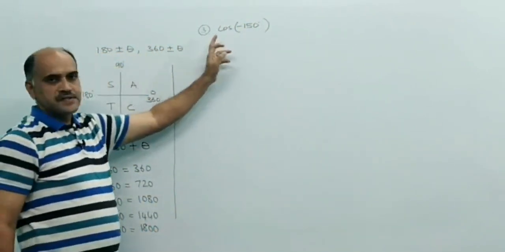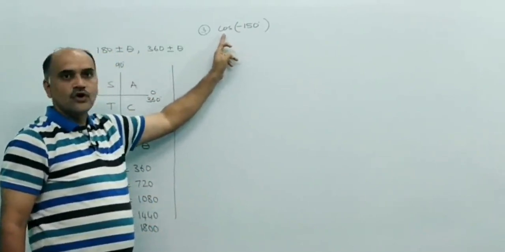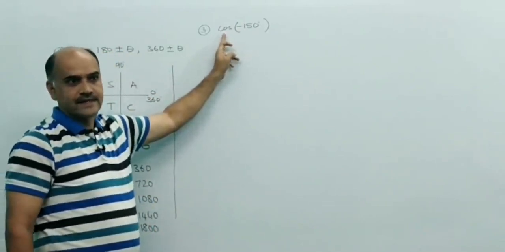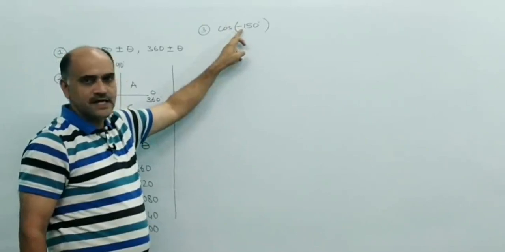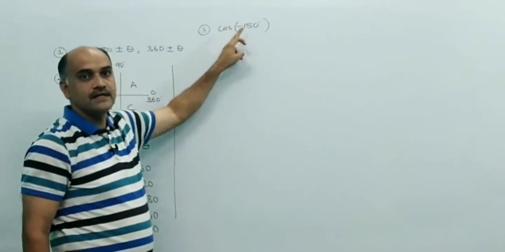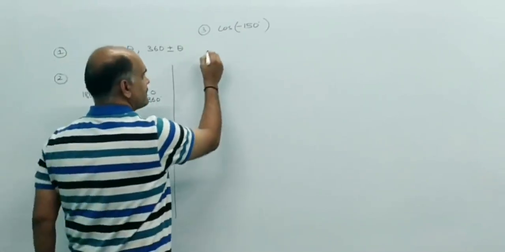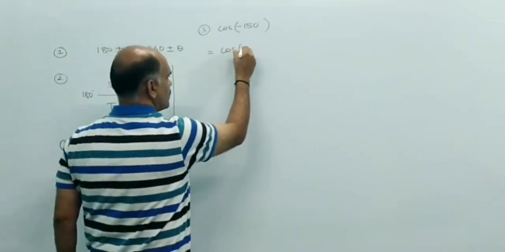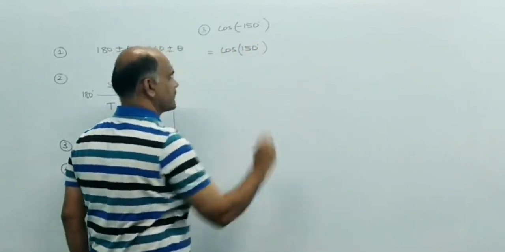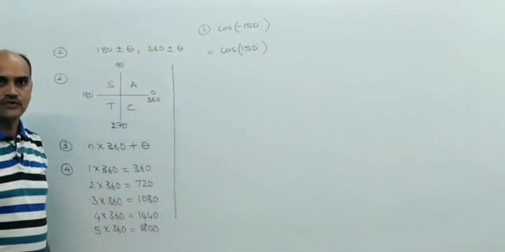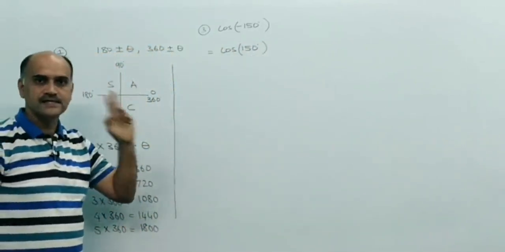Now, just now I told, if cos or secant is there and in that a minus sign is there, this minus sign will go. So cos of minus 150 will be equal to cos of 150 degree. The minus sign goes only for cos and secant.